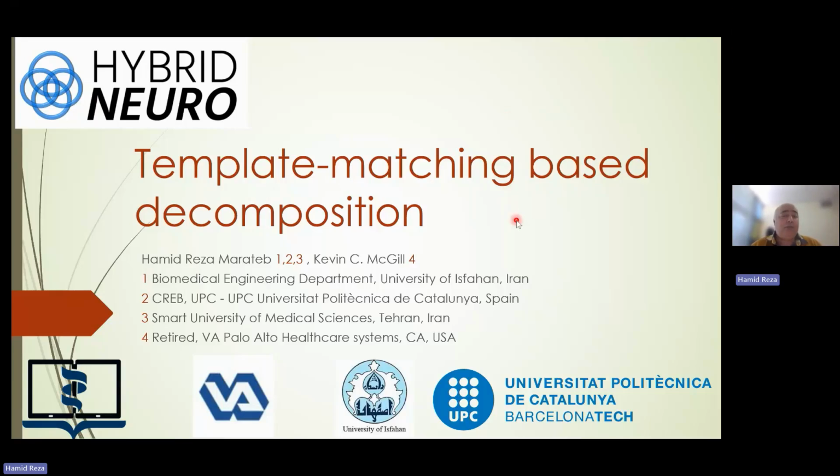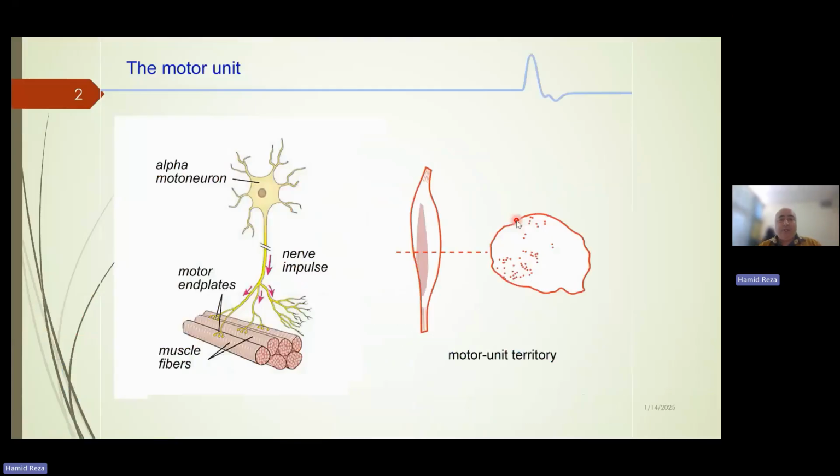Now, I'm going to talk about template matching based decomposition, and I will focus on a kind of top-down strategy, talking about the basic concepts, the clinical issues, the practical issues, and also, for developers who would like to continue this method, I will provide technical content as well.